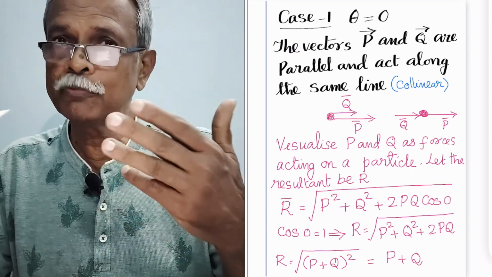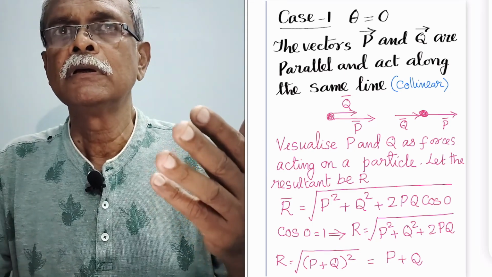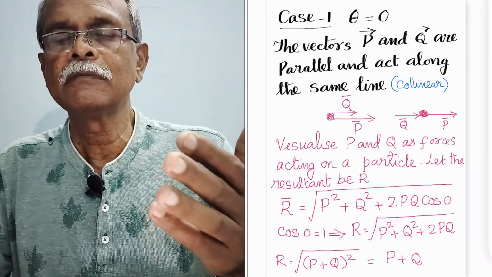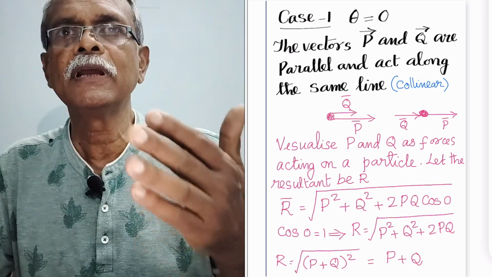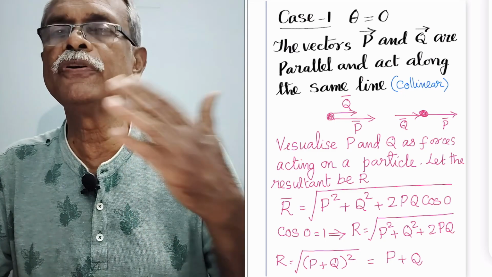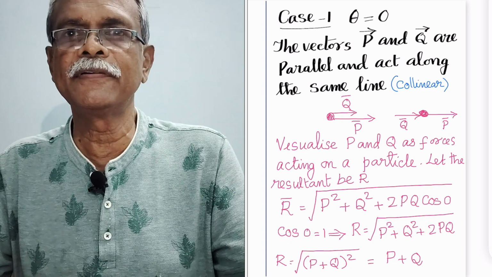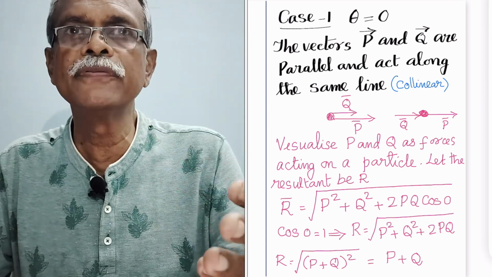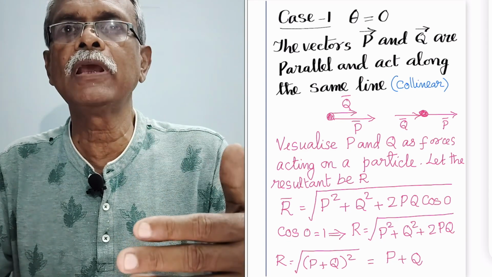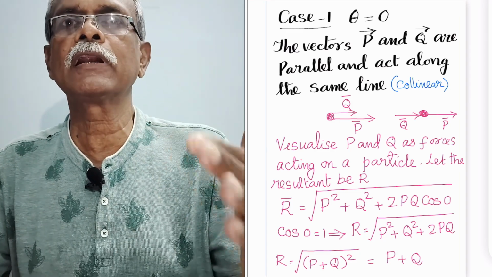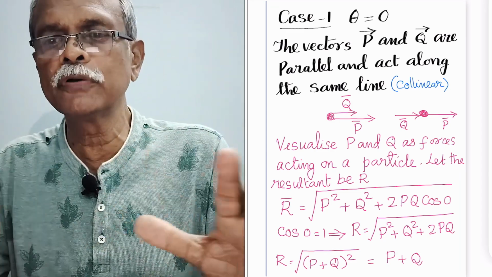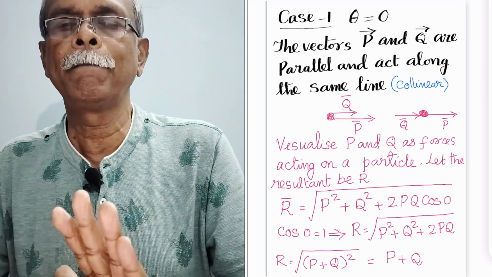Displacement can be a vector, velocity can be a vector, but it is easier to visualize in the form of forces. But the same law applies to all vectors, whether it is velocity or force or electric field or gravitational field, whatever vector you consider. For all those, these rules are applicable.